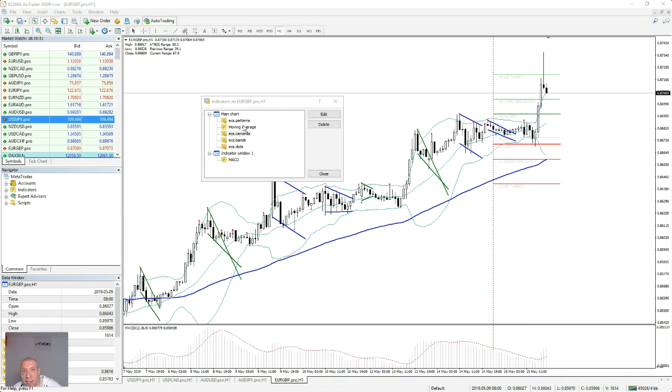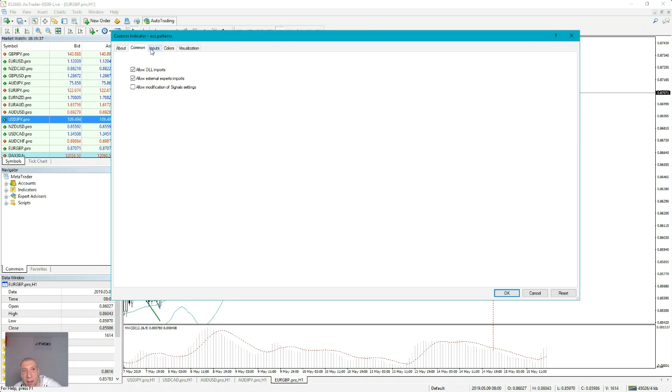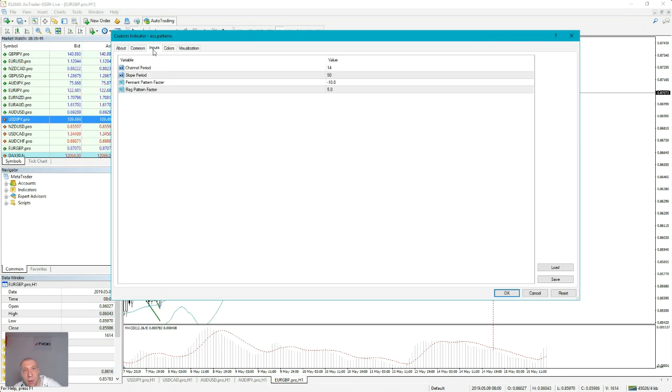So these are the indicators, guys. If you go to ECS patterns, you need to allow DLL imports and allow external experts imports. For these settings, you don't change them: 14, 50, minus 10, 5, 0.